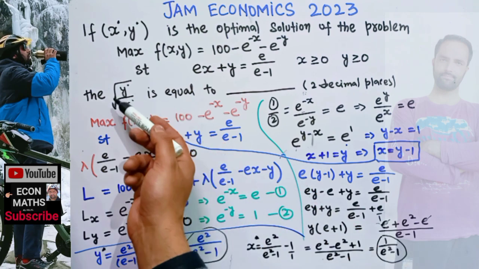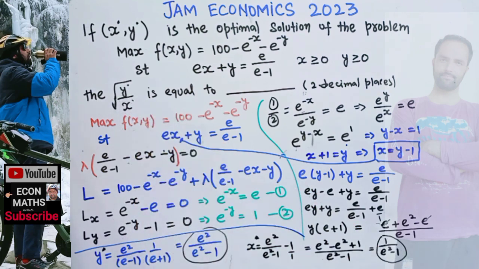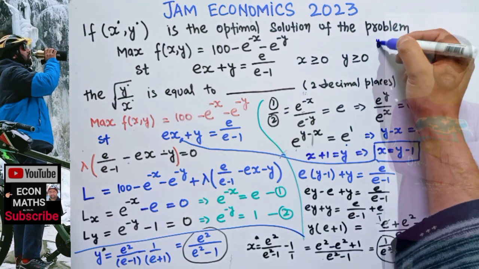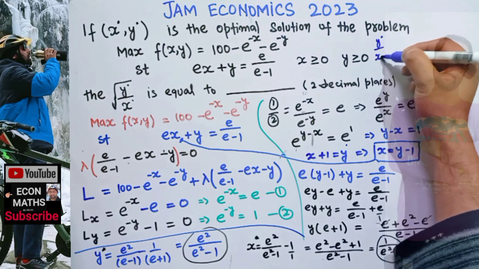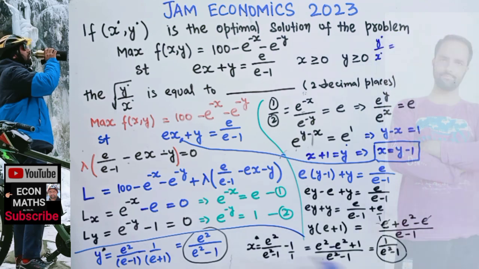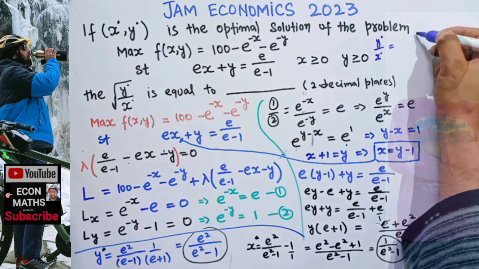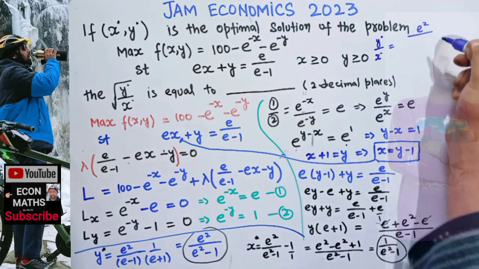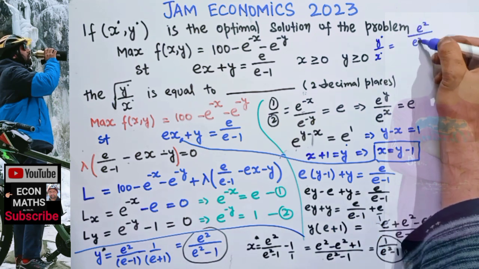But we need to find out under root of y star upon x star. So our y star upon x star will be equal to, so y star we got it equal to e square divided by e square minus 1.